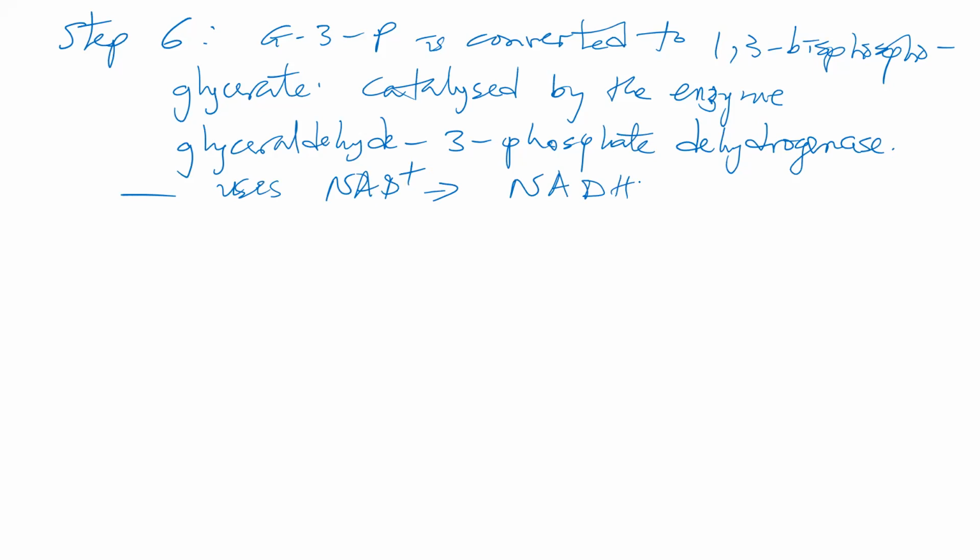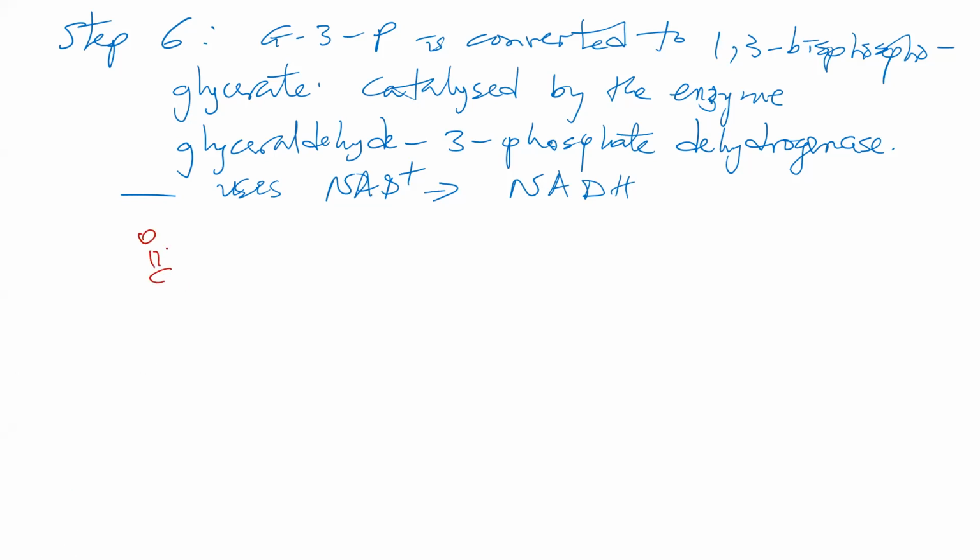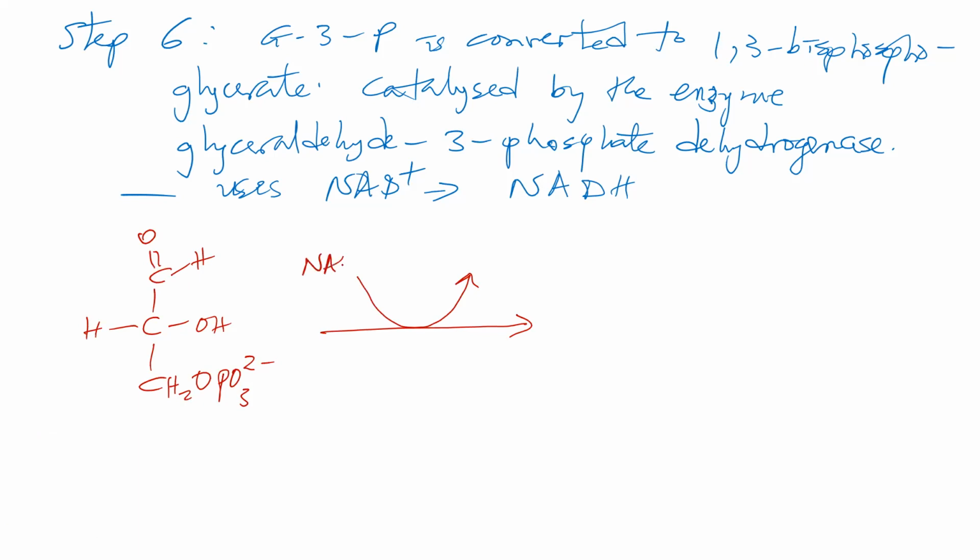So the reaction proceeds in this manner. So you have the glyceraldehyde phosphate, or H and H. Carbon number 3, we have the phosphoryl group. Then here, what we are adding is NAD plus and an inorganic phosphate molecule.